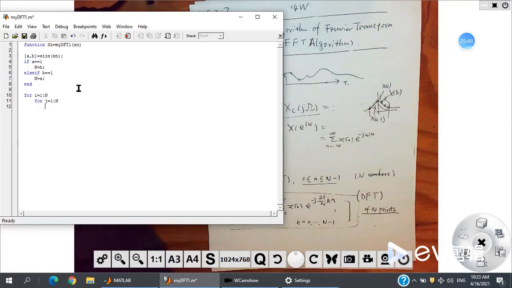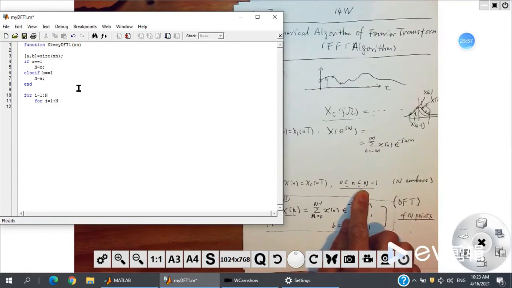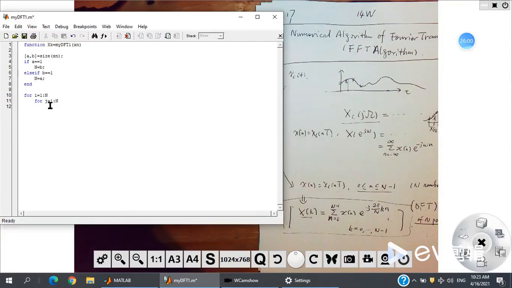In MATLAB, all the indexes start from 1, not from 0. So here we run from 0 to n minus 1, but inside the program I need to use 1 to n, not 0. I will be the imaginary unit, the square root of minus 1. So I use k, k and n, just k and n. It's a lowercase n. Already confused? I use capital N plus 1 here. Alright.